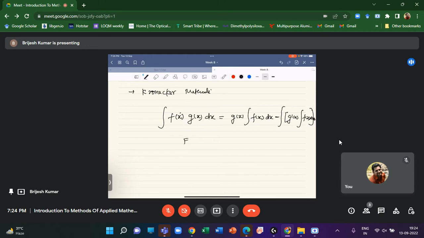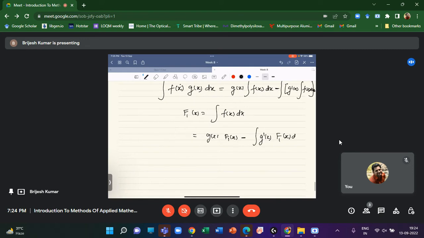If we consider f1 of x as the integration of f of x dx, then this can be written as g of x f1 of x minus the integration of g dash x f1 of x dx.